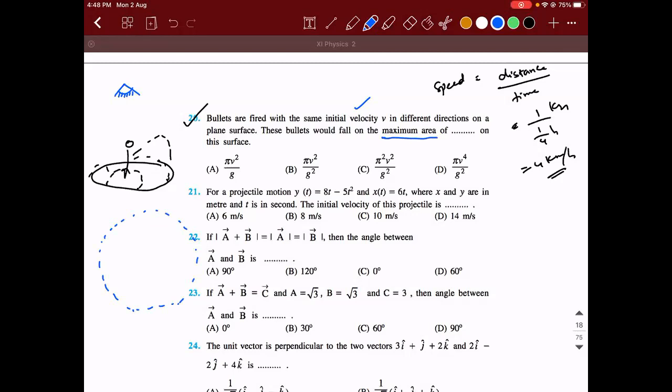And they want the circle to have the maximum area, and the circle will have maximum area when it has maximum radius. So with respect to this person, what is this radius? Is that not the range? Yes, sir. Right? So when is the maximum range possible, guys?